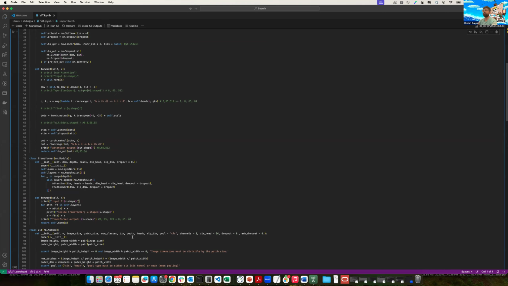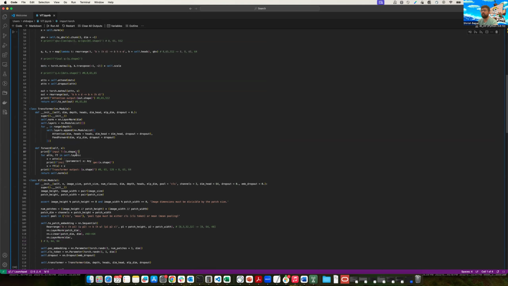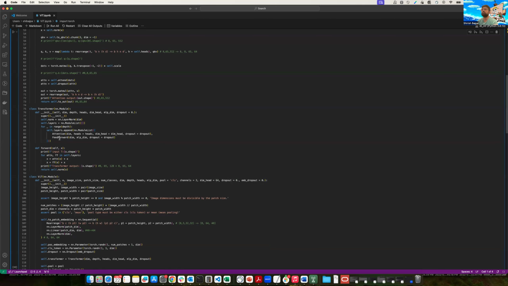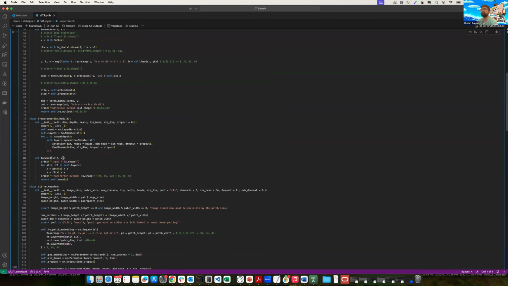So now they are compatible. That's what I was wondering, why it wasn't working. And similarly for feed forward. Now these are of matching dimensions, and this should be as well.